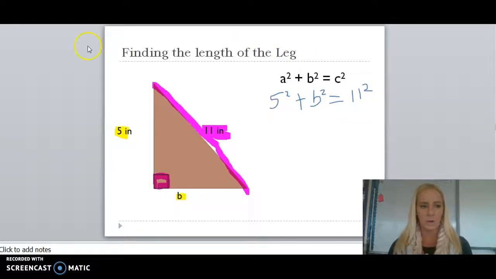Okay, so let's continue. 5 squared is 25, plus b squared equals c squared, which is 11 squared, which is 121. Now I'm going to subtract 25 from both sides.